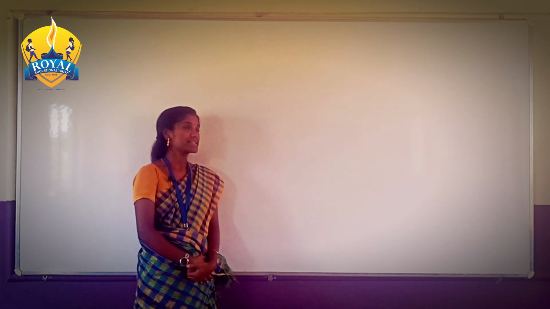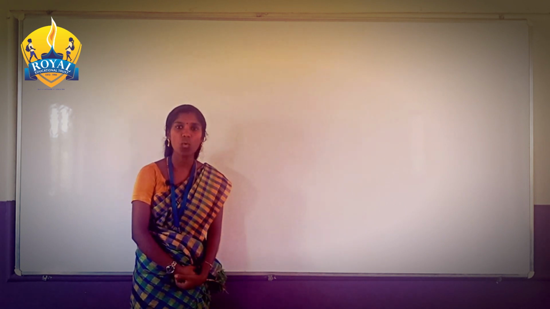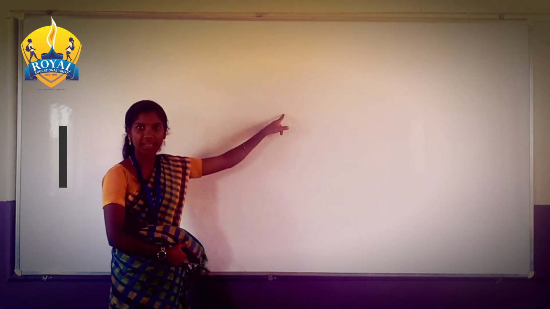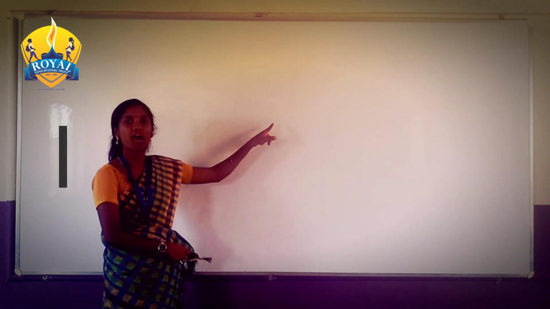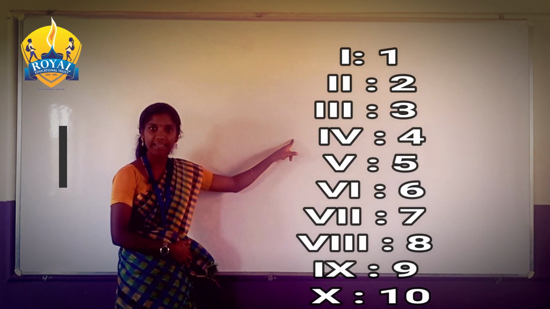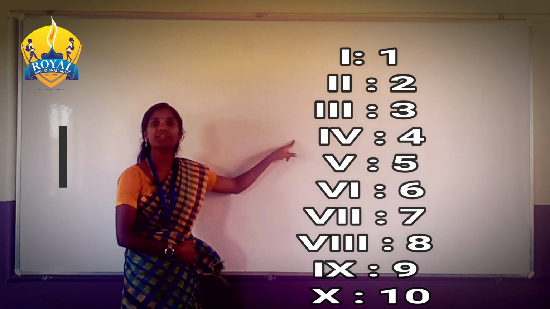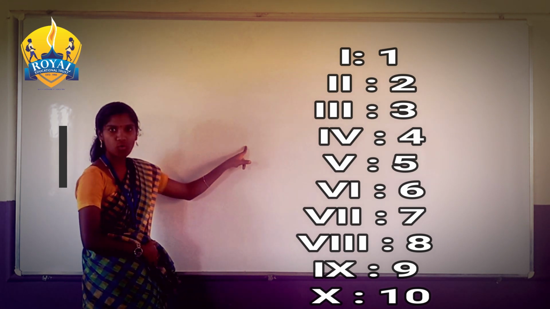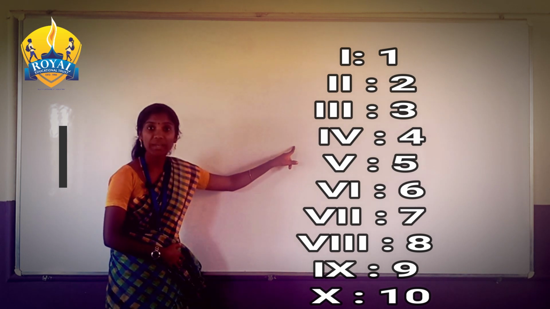So now I tell the Roman numbers for 1 to 10. Okay. 1 I, 2 II, 3 III. This is the rule of repetition. Very good. 4 IV.